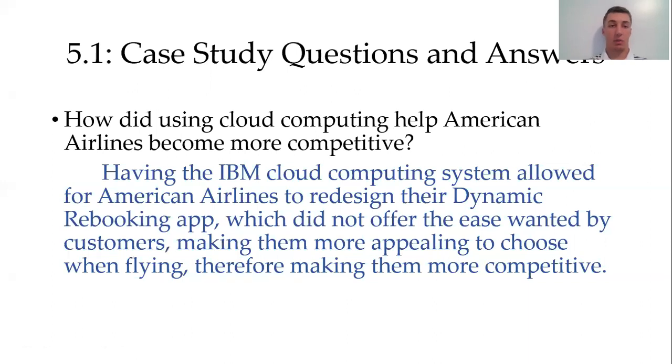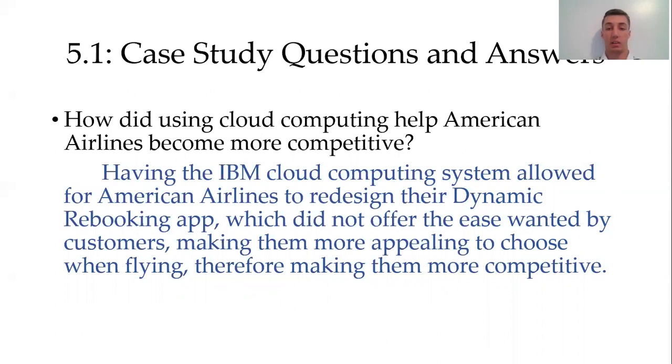Now, 5.1 case study questions. I'm going to be going over all of the case study questions while answering and implementing the main points that are in Chapter 5 within it. So the first one was, how did cloud computing help American Airlines become more competitive?